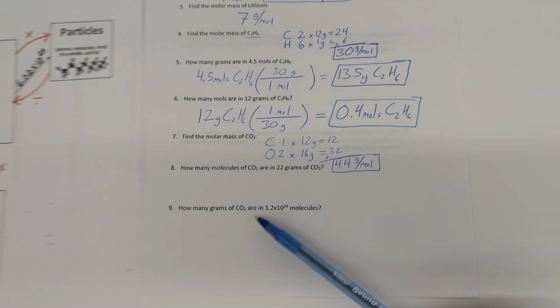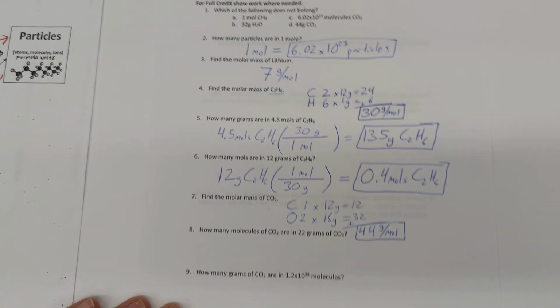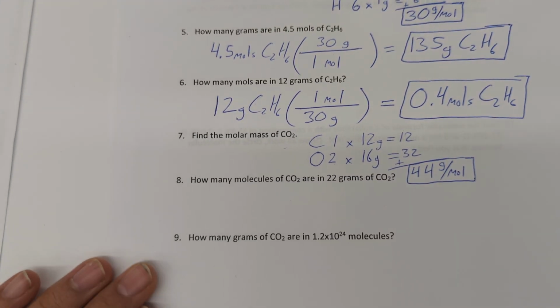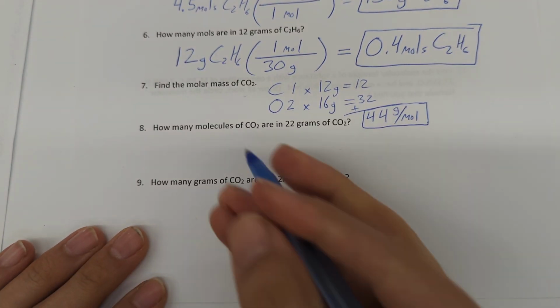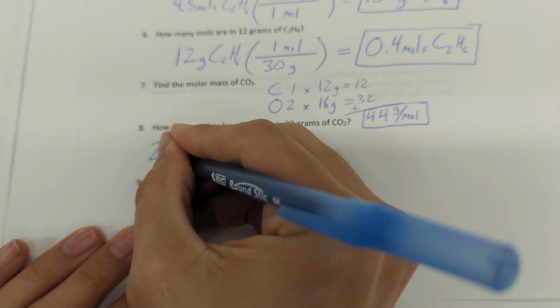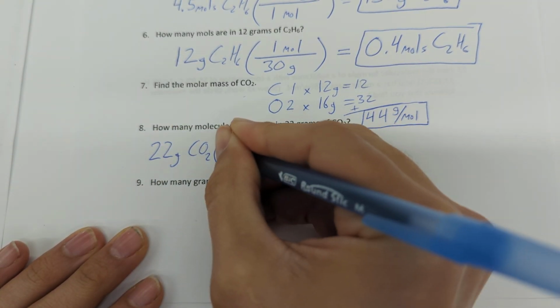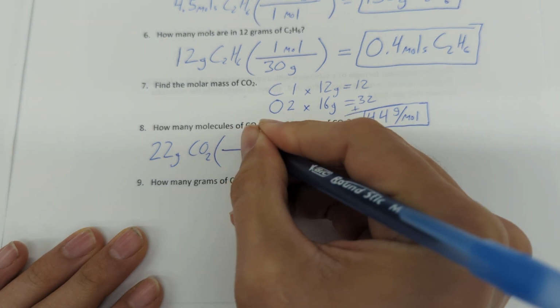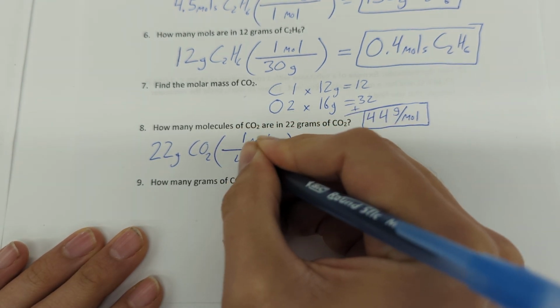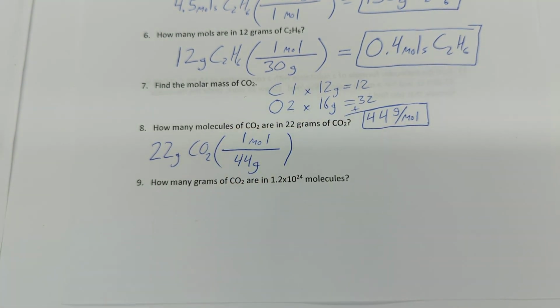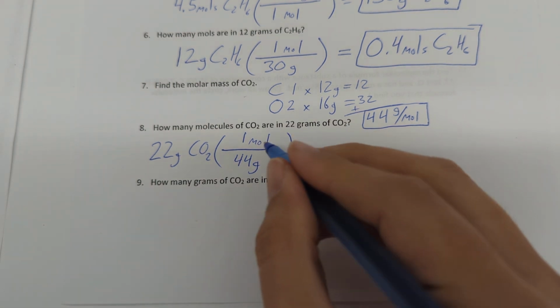So let's do that first step first, 22 grams, and we'll find how many moles it is. 22 grams of carbon dioxide. And we know 1 mole weighs 44 grams. So I want you to be doing that estimation in your head.